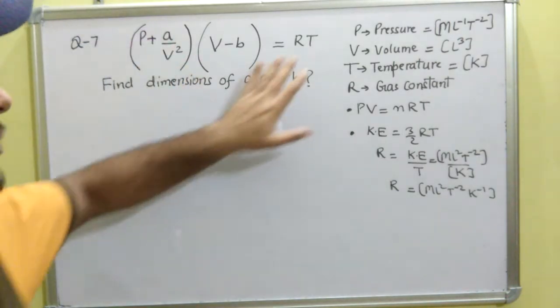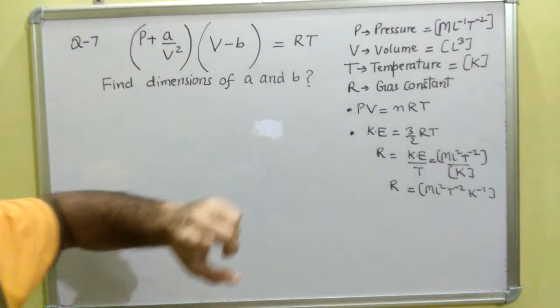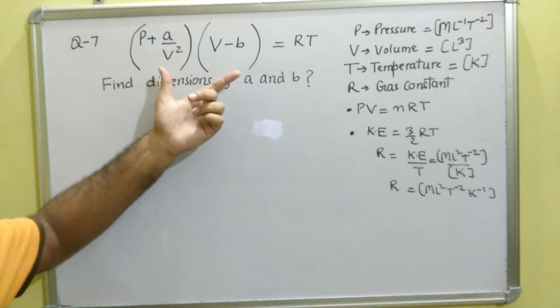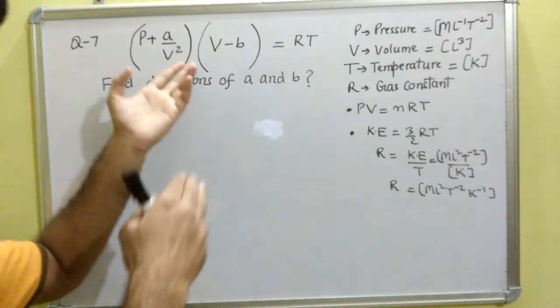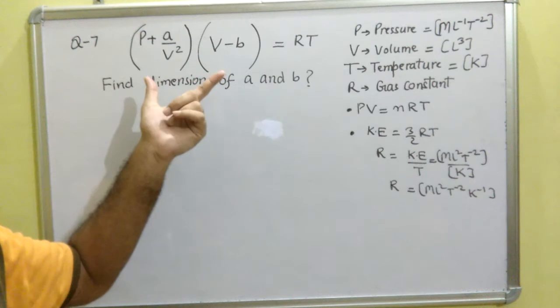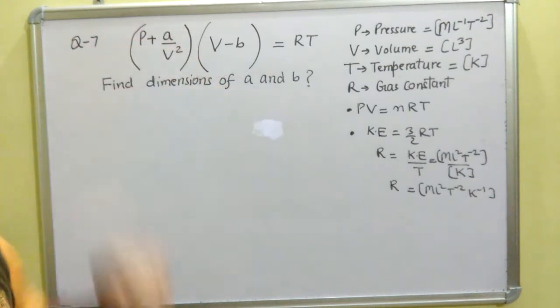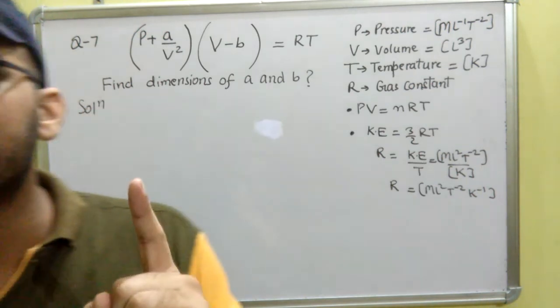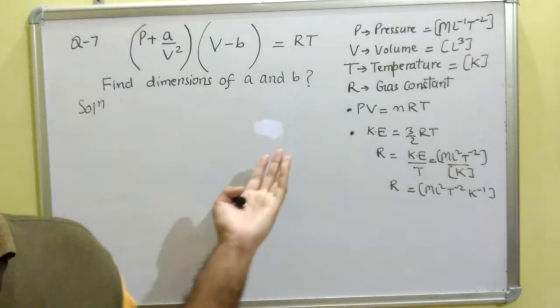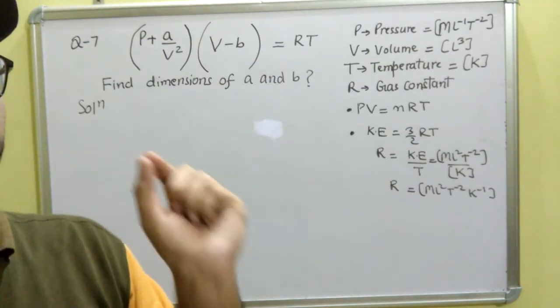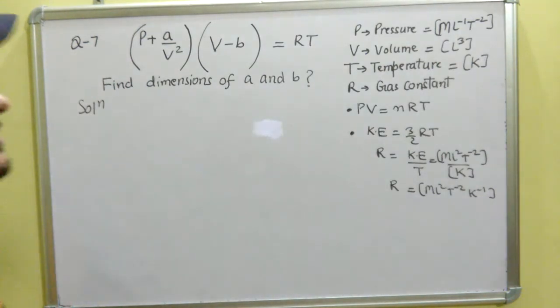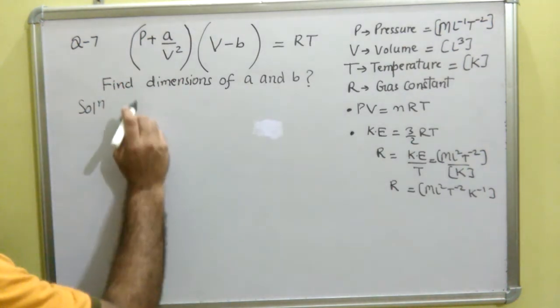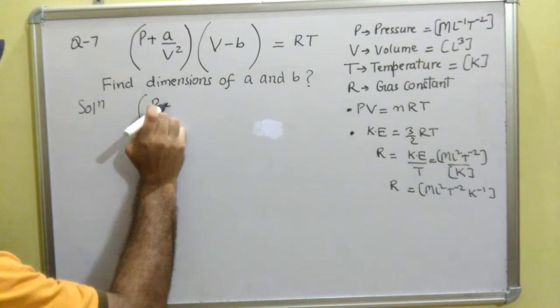But in this question, I don't require R and T, because principle of homogeneity has opened the gate for us. Principle of homogeneity has made this question very easy, because it says one most important thing: only same dimensions can be added or subtracted. Look how I am writing the equation again.